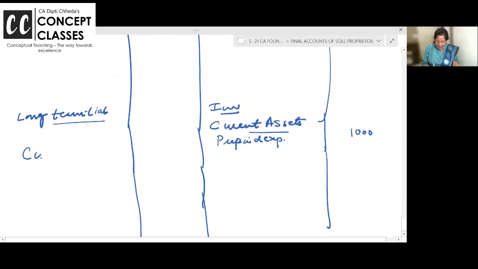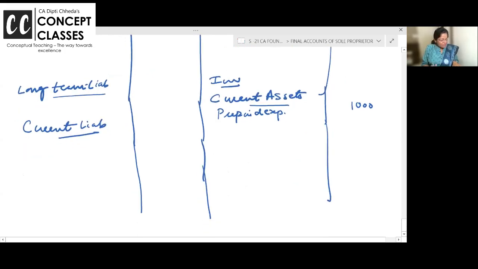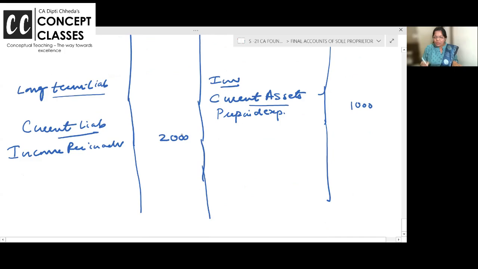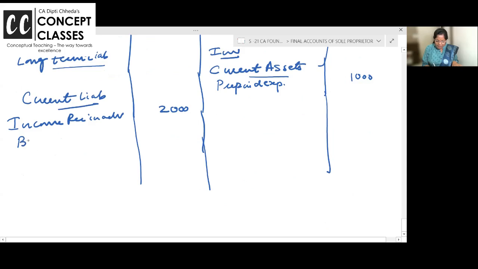Leave 1 or 2 lines. Current liabilities. And in current liabilities, the first item you write down is income received in advance. Next year's income, if it is received in advance, you write it on the liability side. Bills payable. Bills payable are related to what? Your creditors. It will also come here.